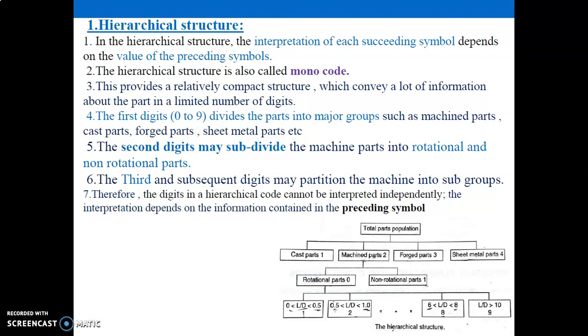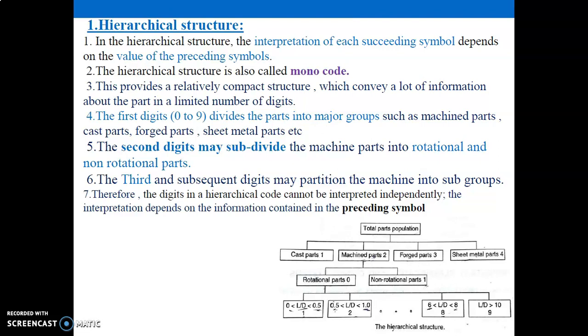This provides a relatively compact structure which conveys a lot of information about the part in a limited number of digits. The first digit, 0 to 9, divides the parts into major groups such as machine part, cast part, forged part, or sheet metal. So now you will get a clear idea: suppose you have a barcode and you get the first digit from 0 to 9.